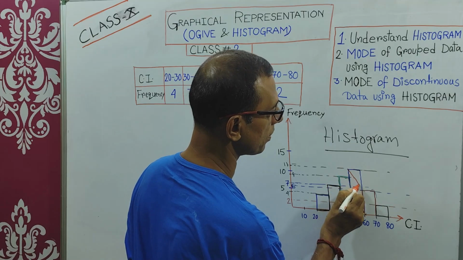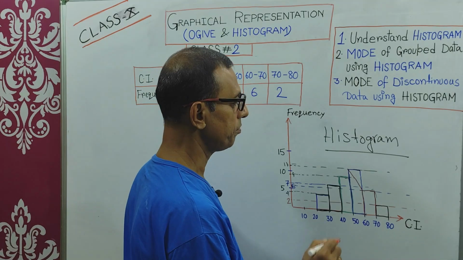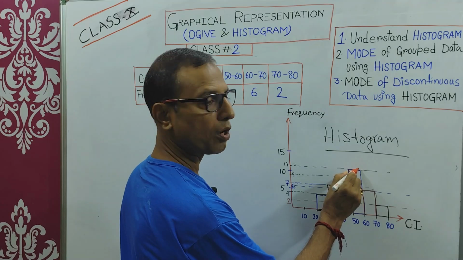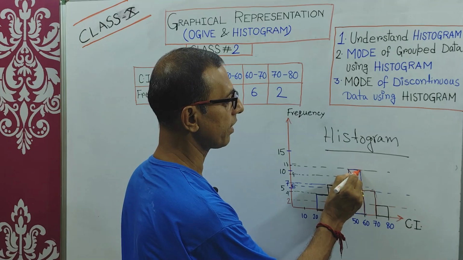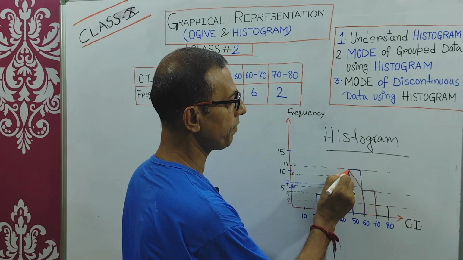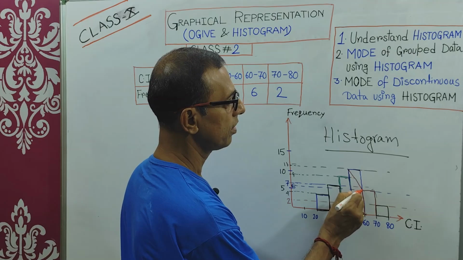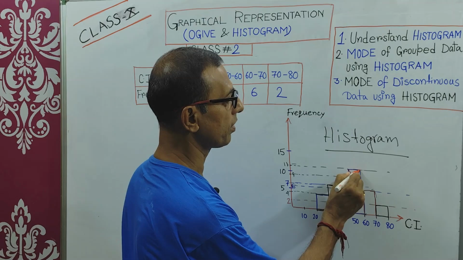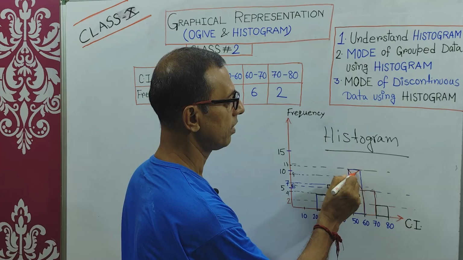Another diagonal you need to make is from the rightmost top corner of the highest rectangle to the rightmost top corner of the previous rectangle.